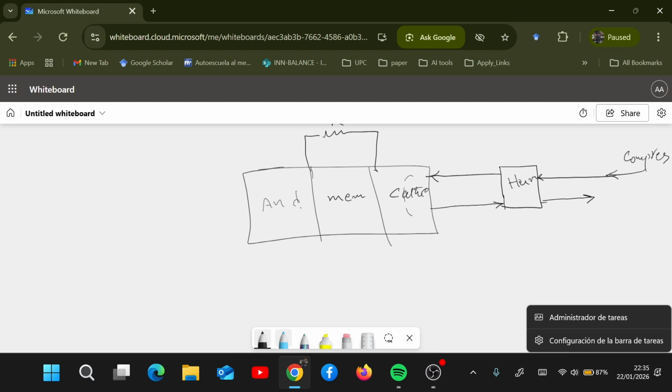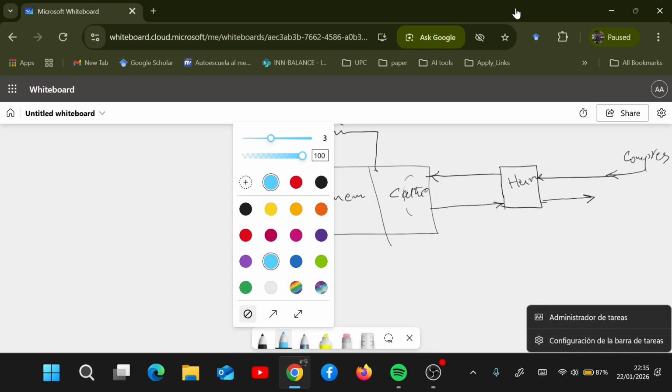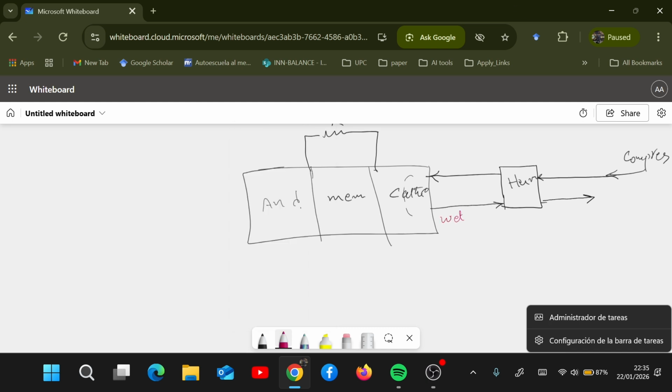Let's call this side the wet side: the stack exit is the wet side, and the stack inlet is the dry side.